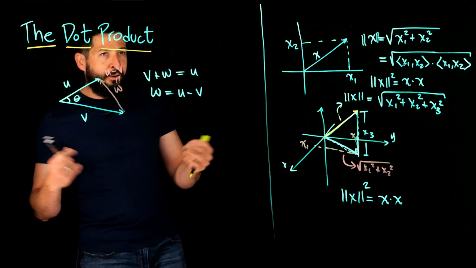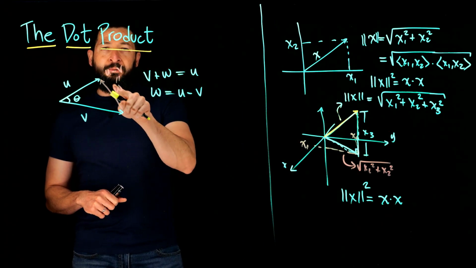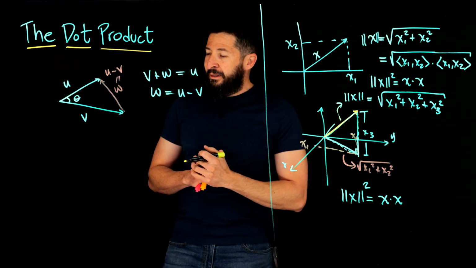Before our little interim here, we were talking about this vector w, which was u minus v. We had agreed on that. Now we're going to talk about the law of cosines.